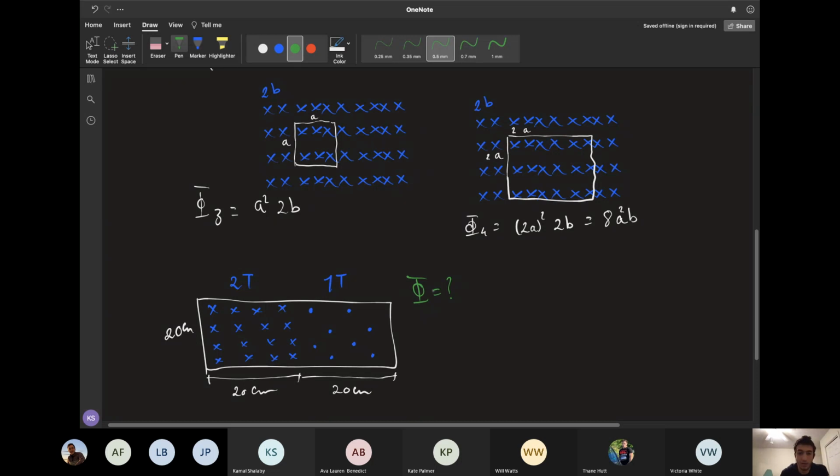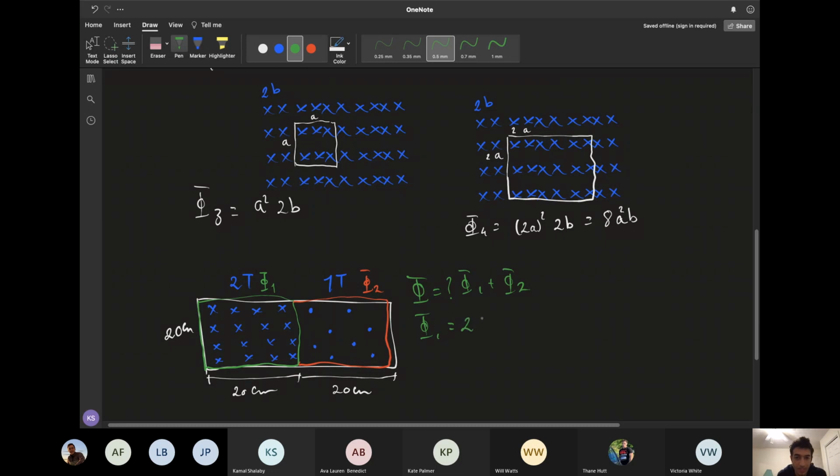Yes, indeed. So we'll call this part flux 1, and this part flux 2. So the total flux is equal to flux 1 plus flux 2. So flux 1 is equal to what?